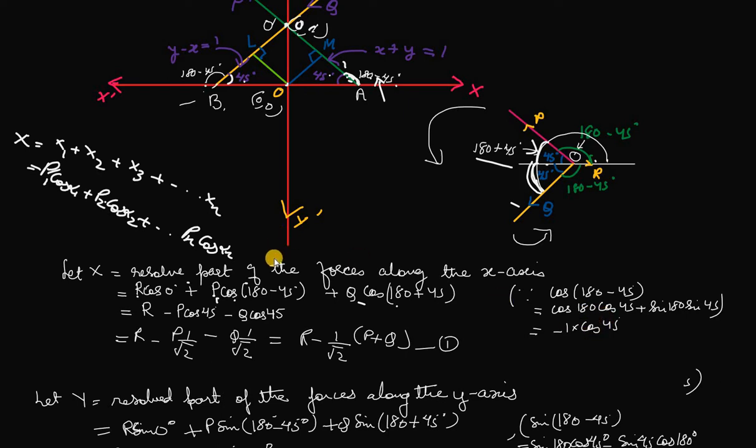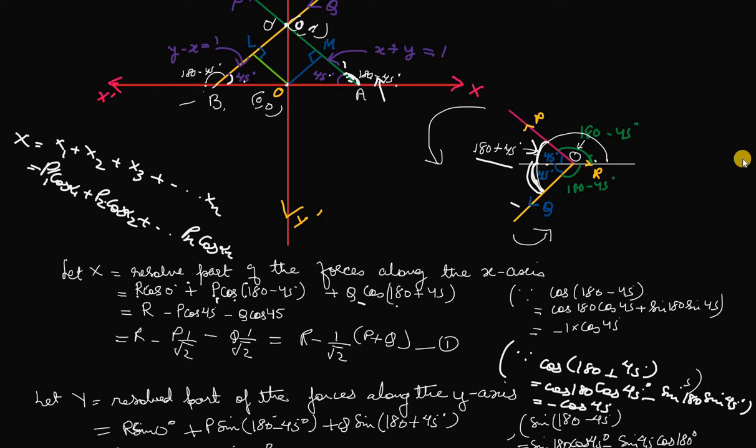So cos of 180 minus 45 is nothing but minus cos 45. Again, cos of 180 plus 45, using the formula cos A plus B, is cos 180 into cos 45 degree minus sin 180 into sin 45 degree, which again is minus cos of 45 degree.